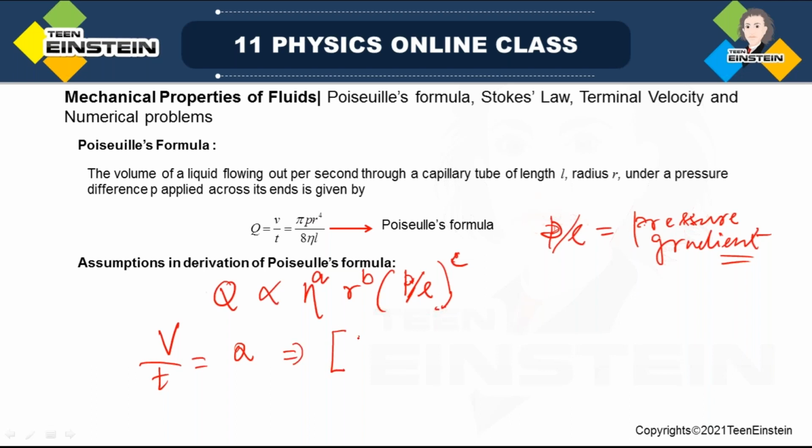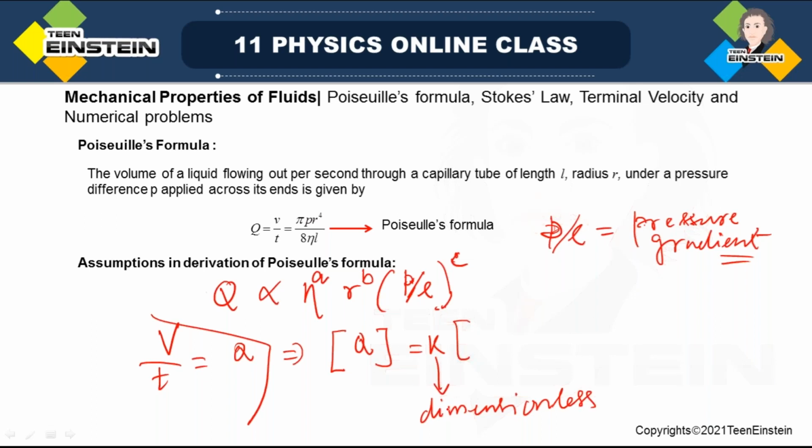So if I do the dimensional analysis, the dimension of Q will be equal to, let me write in terms of an equation. So K is a dimensionless constant. Suppose a dimensionless constant, you have already learnt in 11th standard, so that knowledge will come in use here. K is a dimensionless constant because there is a proportionality over here and I am just making it an equation, so you have to bring a proportionality constant.